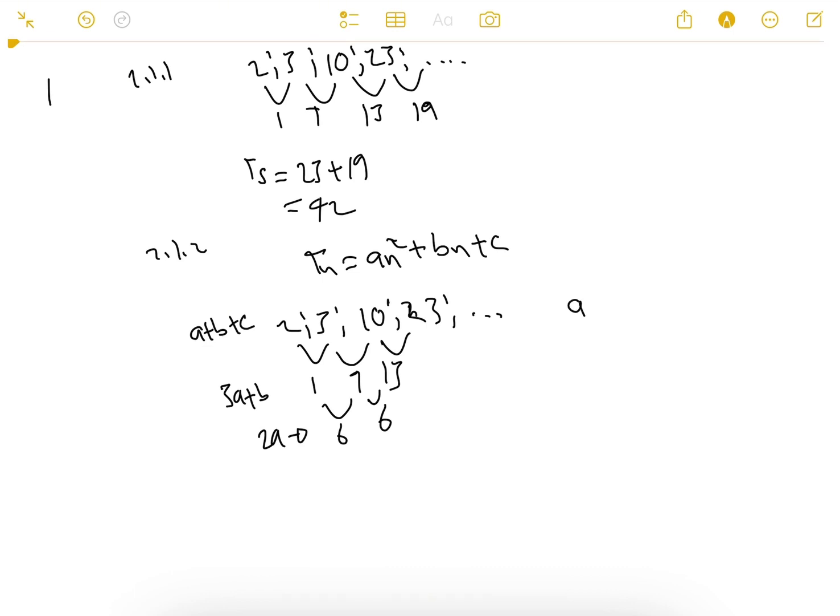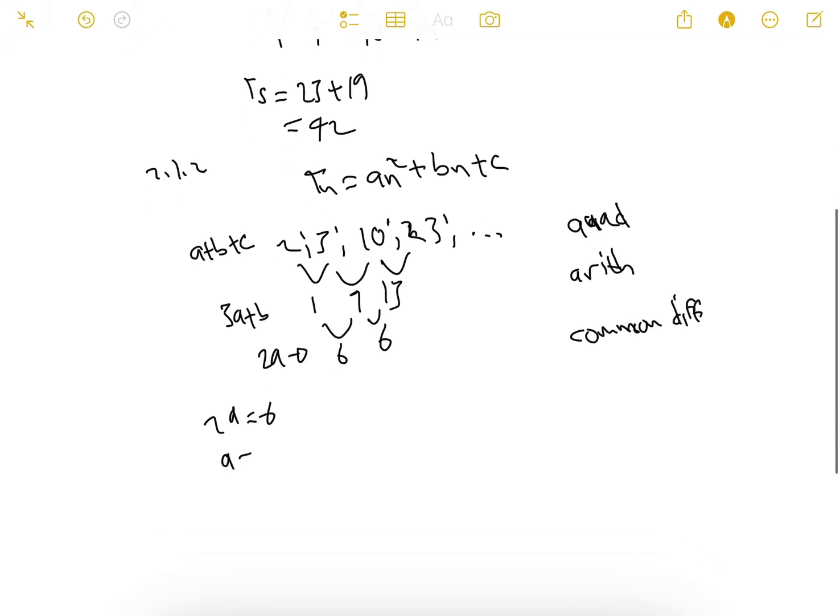Let's note that this row is the quadratic, this is the arithmetic, and this is the common difference. From this, 2a is equal to 6, so a is 3, dividing both sides by 2. Then 3a plus b is equal to 1, so 3 in brackets 3 plus b equals 1, therefore b becomes negative 8.